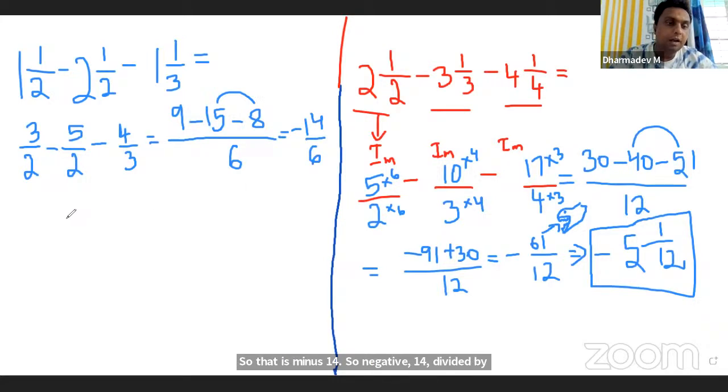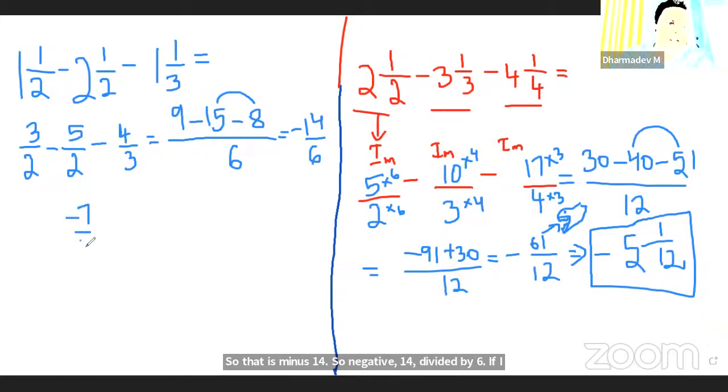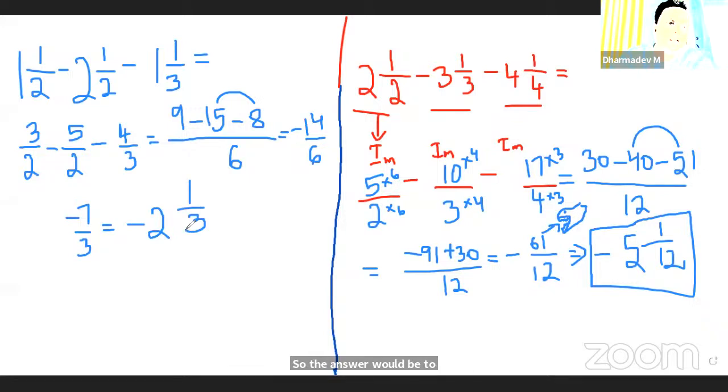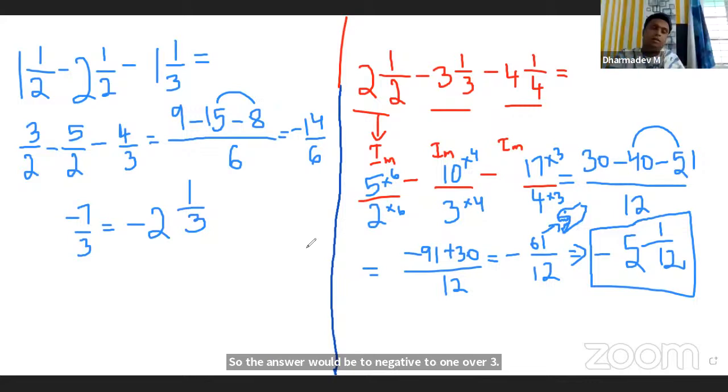If I simplify, I get 7 over 3. So the answer would be negative 2, 1 over 3. Clear with that? Clear with that? Any doubts?